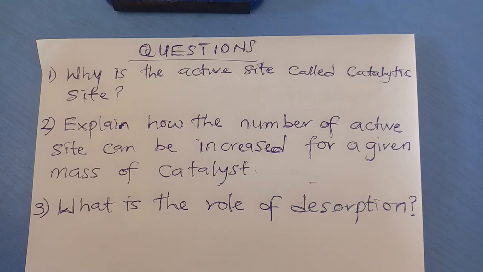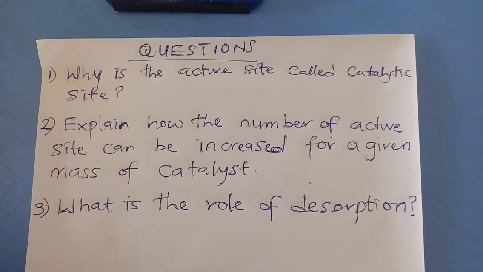Okay, let me take it from the first one. Why is the active site called catalytic site? First of all, what is active site? Active site, from my fifth video, you will see there, it is a specific region of the catalyst where a substrate or a molecule binds and catalysis takes place.